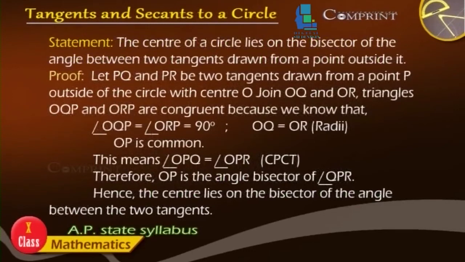Statement: the center of a circle lies on the bisector of the angle between two tangents drawn from a point outside it. Proof.